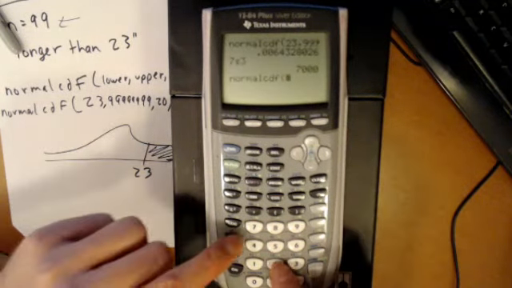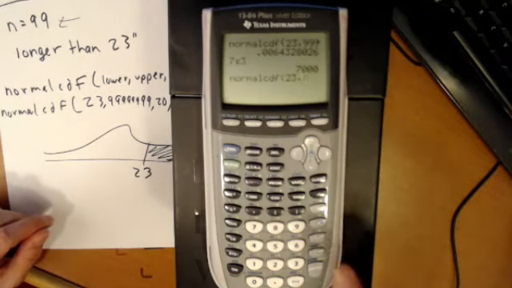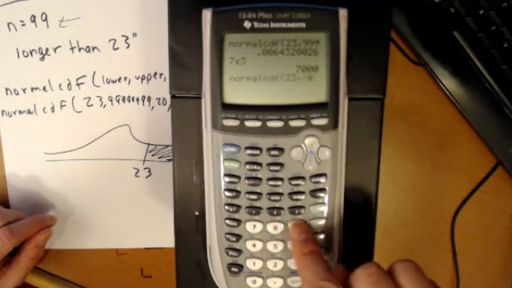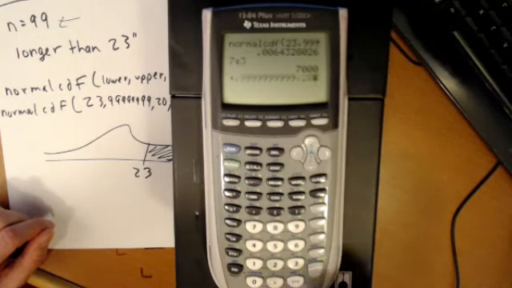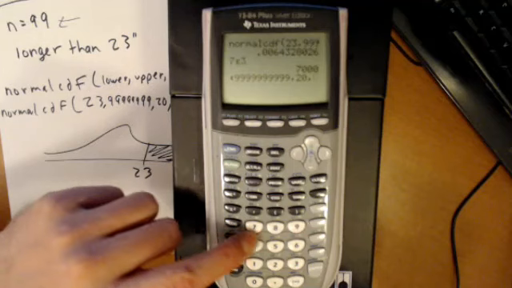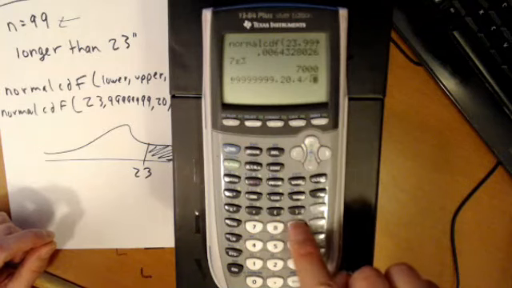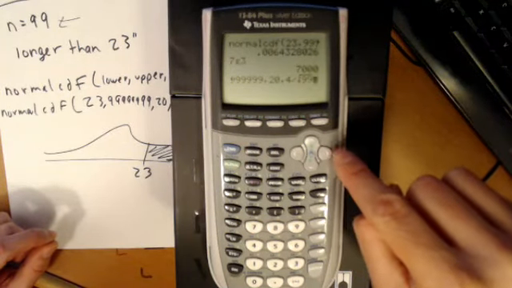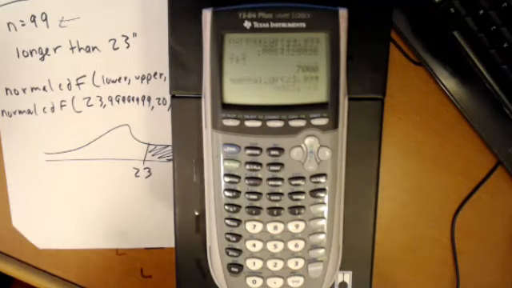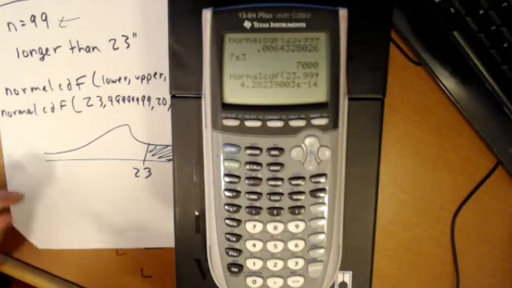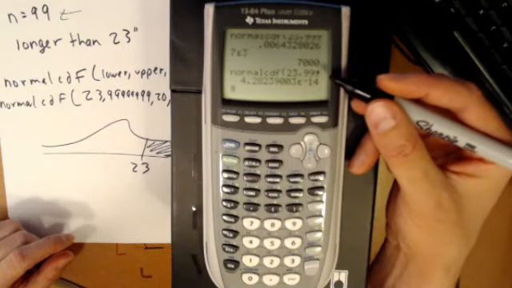They want the lower, 23, comma, the upper, 99999999999, comma, the mu, 20, comma, the new standard deviation is 4 divided by square root of 99. Slide out from the square root symbol, put an end parenthesis, hit enter, and it gives me 4.28 E 14. Remember, that's just scientific notation.